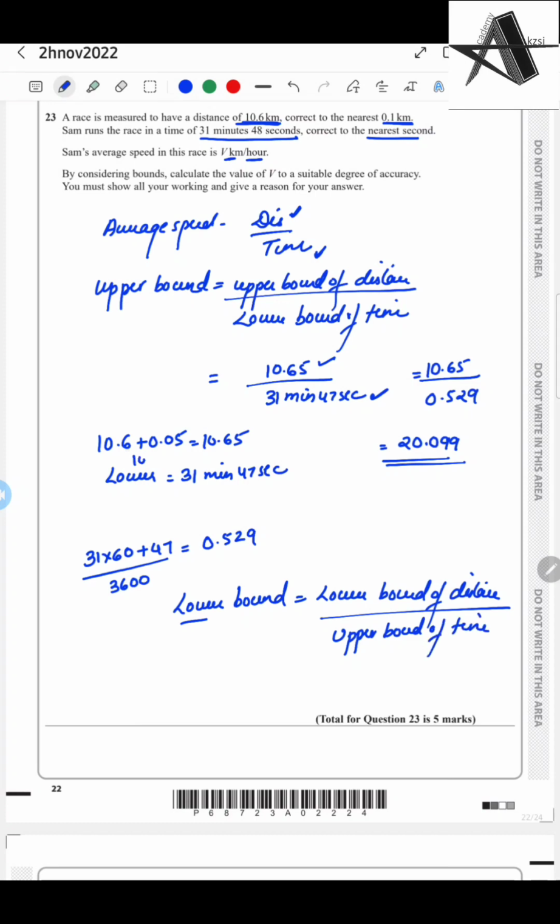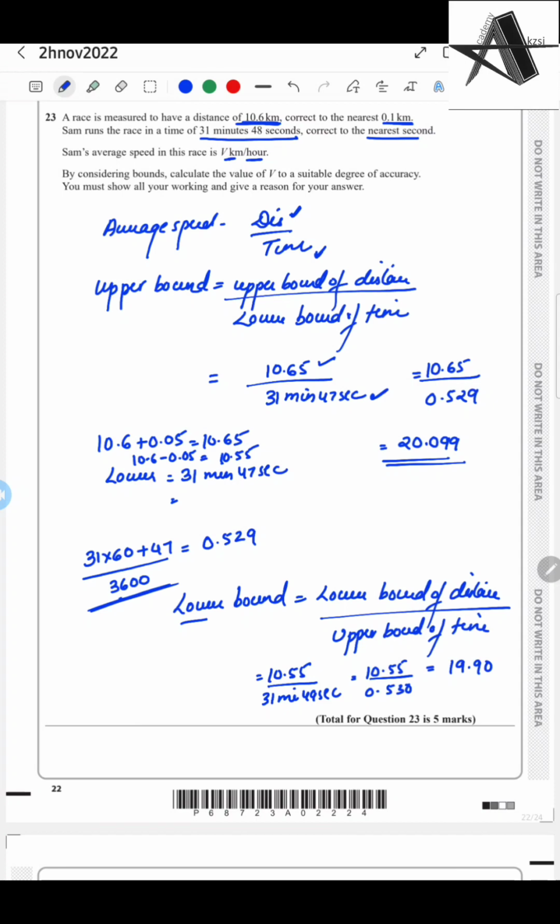The lower distance will be 10.6 minus 0.05, which is 10.55. The upper bound of time will be 31 minutes 49 seconds. Converting into hours exactly like this, I get 10.55 over 0.530, which is 19.90.